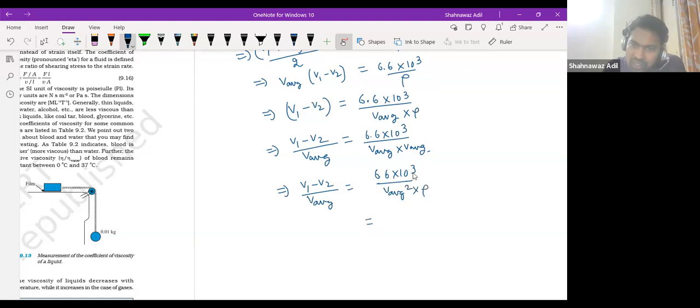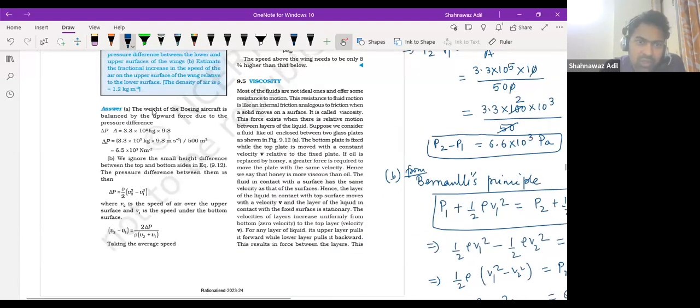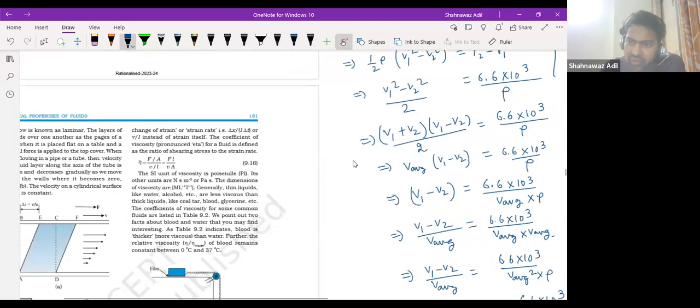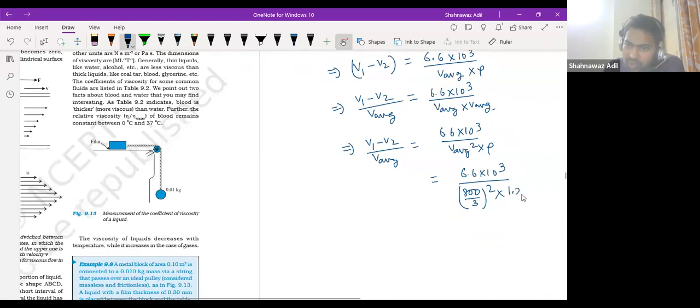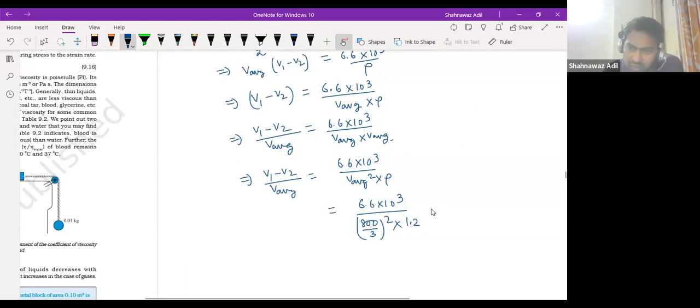V average was (800 by 16) whole square into rho. Rho was how much? Rho was 1.2 kg per meter cube. So all these are in SI units. So we can write this thing as how much?